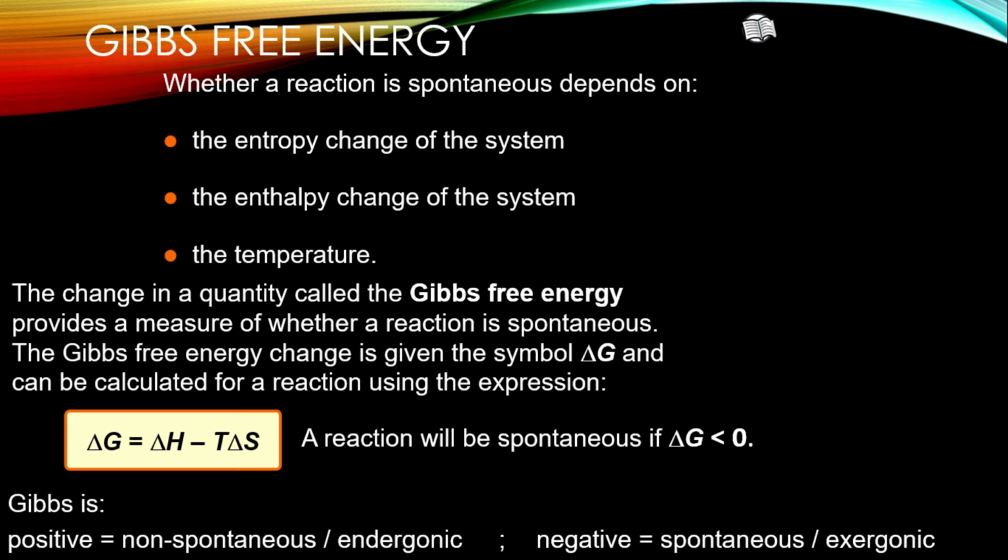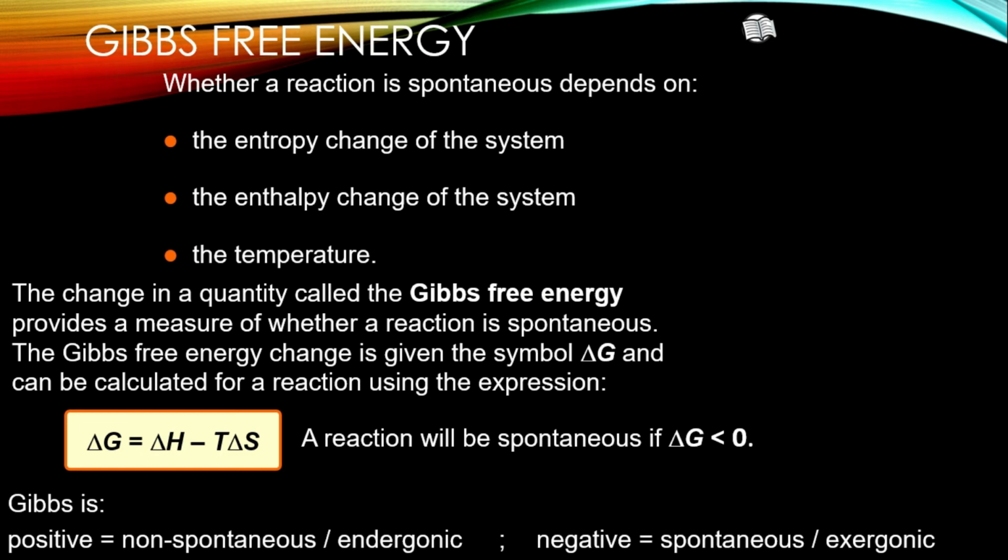Kapag ang Gibbs free energy natin ang lumabas ay negative, ibig sabihin it is spontaneous. Kapag lesser than 0, so ibig sabihin negative, any value ng negative, magiging spontaneous yung reaction. Ibig sabihin, the chemical reaction will take place even without intervention, even without work being introduced in the reaction. The other term for spontaneous is exergonic.